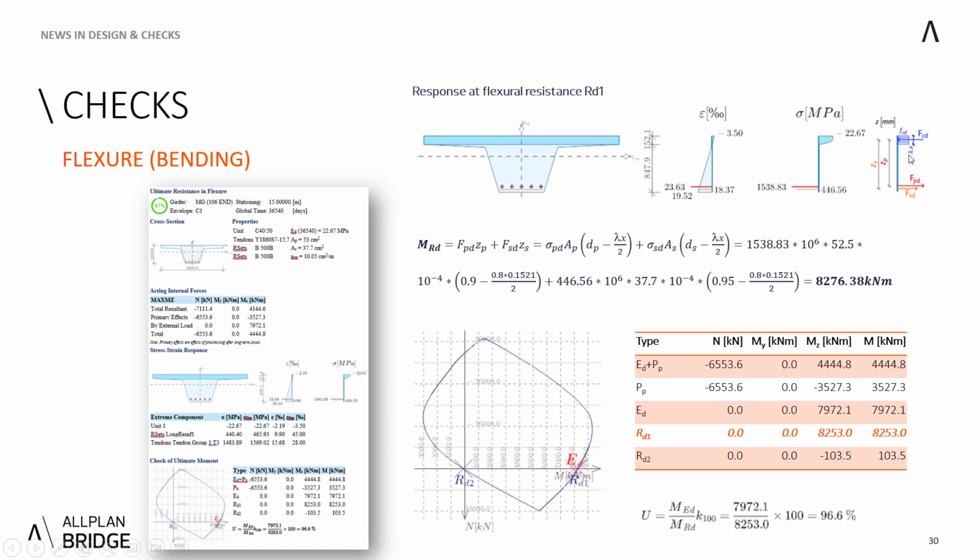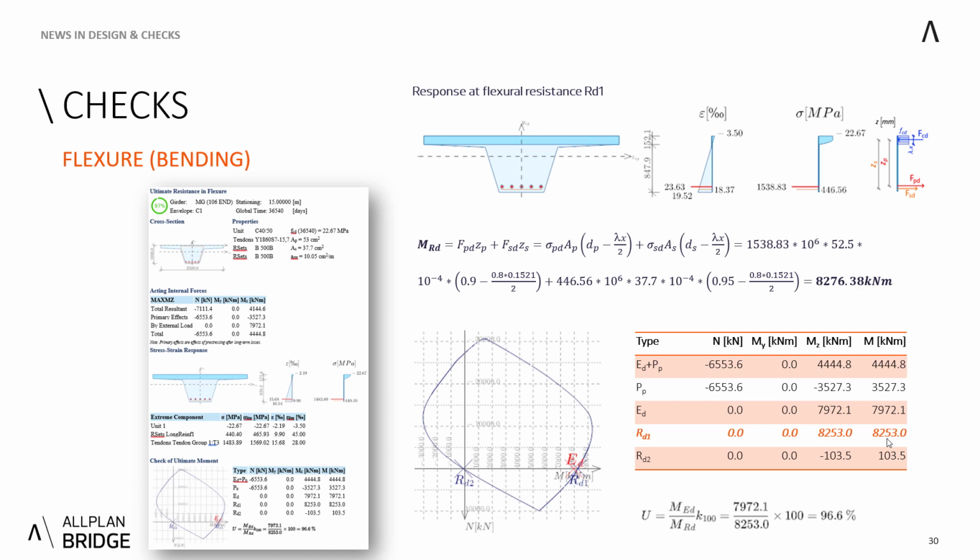So if we draw this free body diagram, then we can simplify it a little bit by assuming this rectangular stress block, considering this lambda value, and up to the center of gravity of the stress block, we can sum the force in the tendon times the lever arm, force in the rebar times the lever arm, and by calculating we get up to the value of 8,276 kilonewtons, which can be really compared to this result which Allplan Bridge gives us.